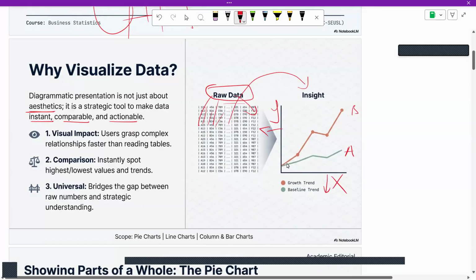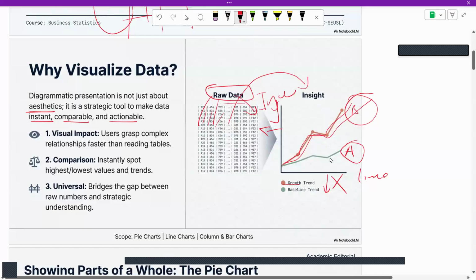And here we can observe B's growth trend. When we look at the data points, for example, the X series could be time, and it's the income of B growing over time.